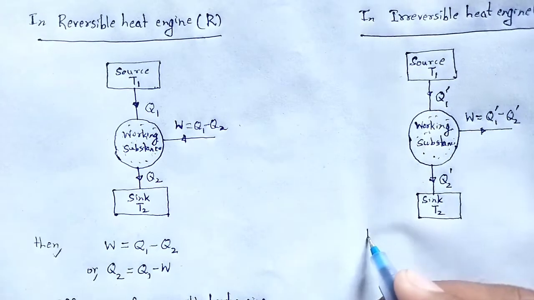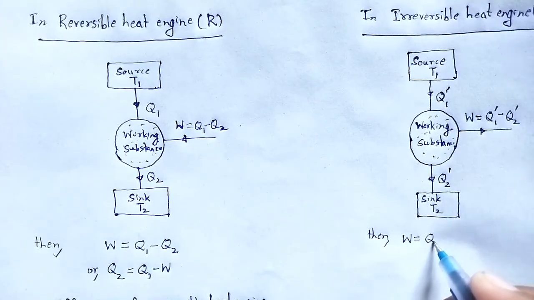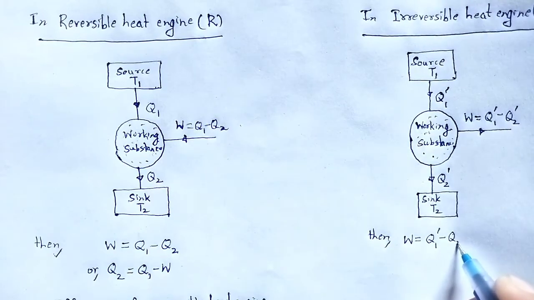Then we can write W is equal to Q1 dash minus Q2 dash.